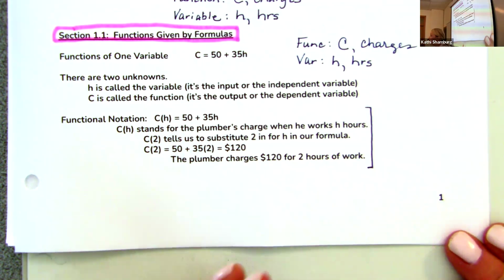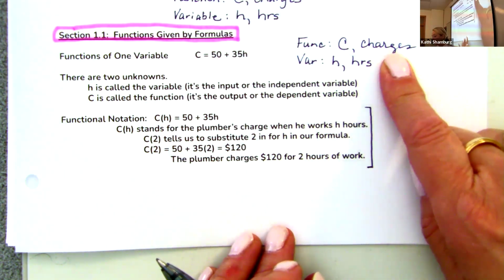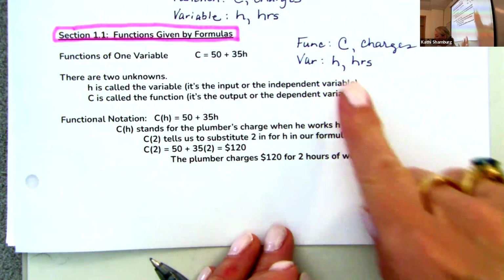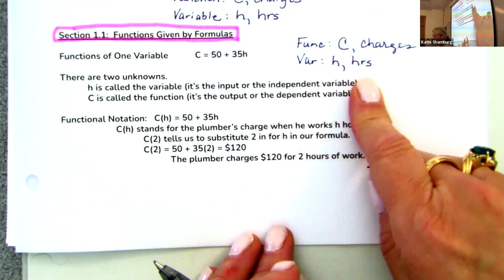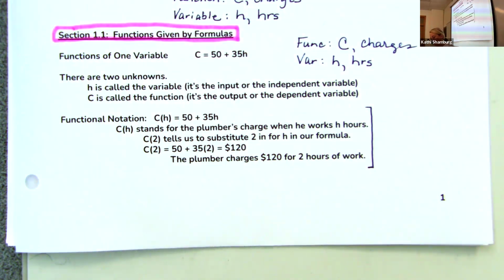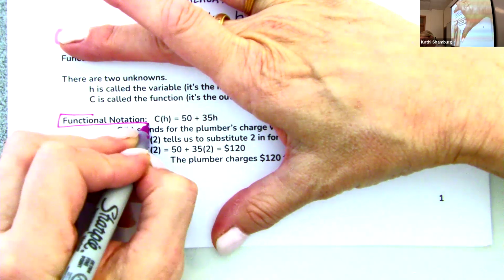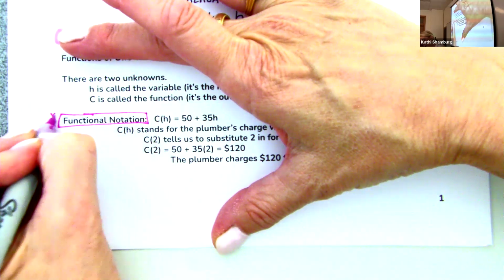If I asked you what is the function, you would say C, that's your charges. If I asked you what is the variable, you would say H, that's number of hours, right? There's another wording that you've got to know.